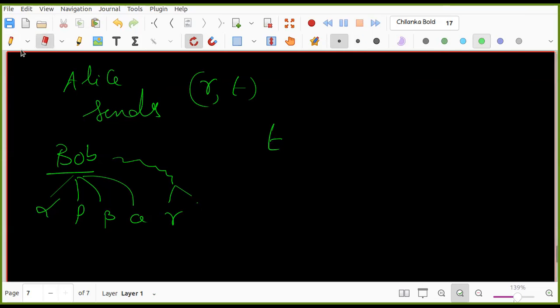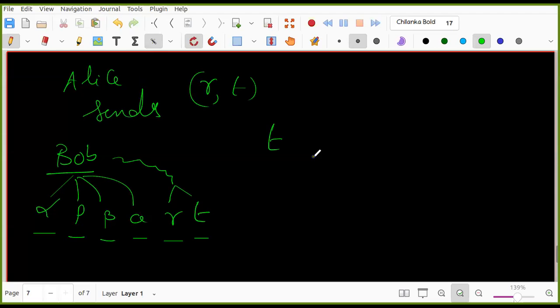Yes, R comma T, correct. Alpha, P, beta, A, R, T. These are created by Alice.